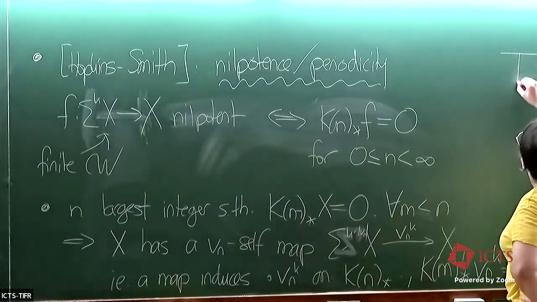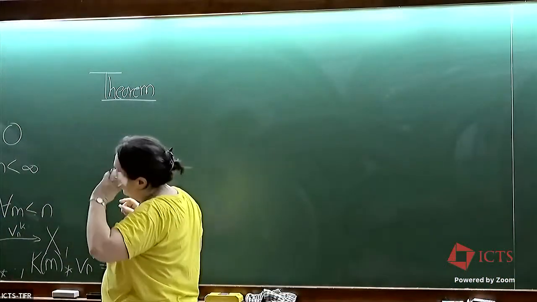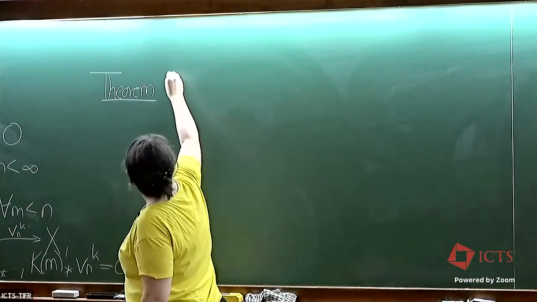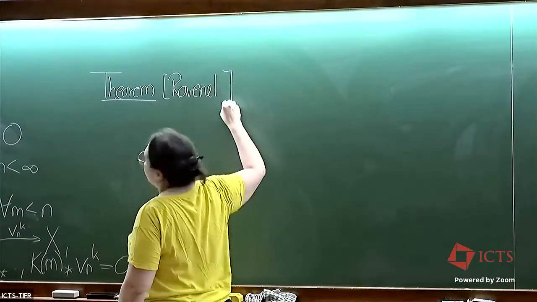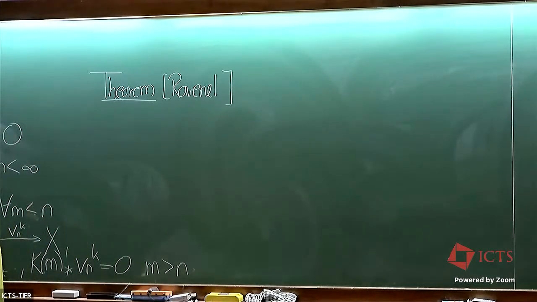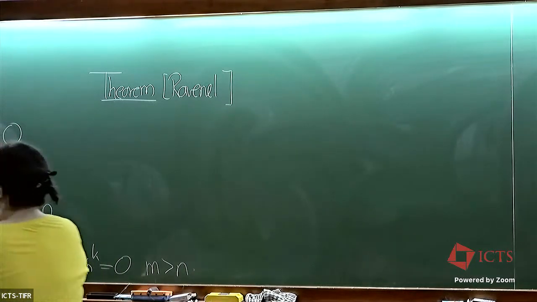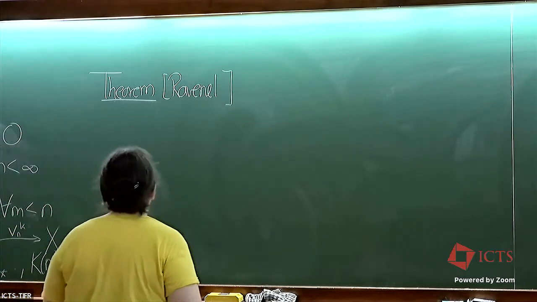So one theorem, also very, very computational, due to Ravenel, is the following. And when I say computational, it means involves at least one spectral sequence, and usually more spectral sequences to find out the pages of that spectral sequence.